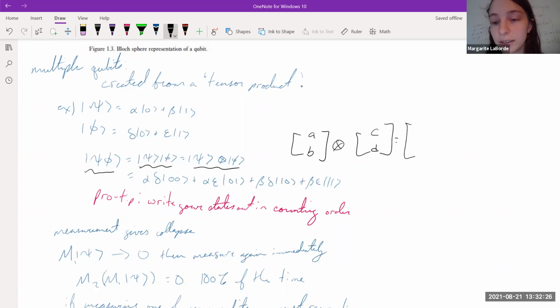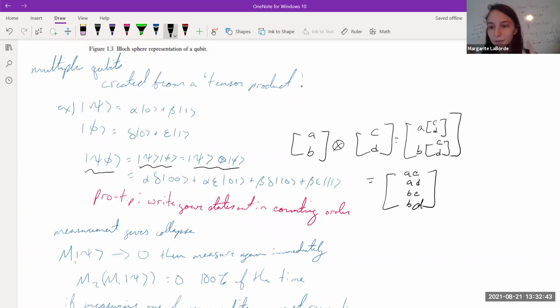So it looks like A times CD, B times CD, and then your full output will give you AC, AD, BC, BD, right? Very quick tensor product rundown.